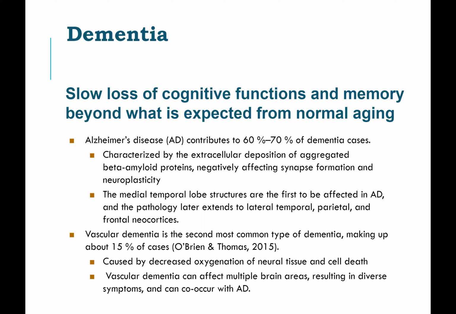Vascular dementia can affect multiple brain areas, resulting in diverse symptoms, and can co-occur with Alzheimer's disease. So in severe cases, you have both the lack of formation of new synapses, and also the issue of cell death, that the cells are dying because of lack of oxygenation, and new cells are not being born to replace them and to form new memories.